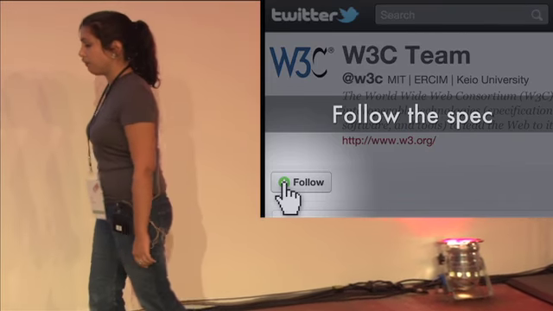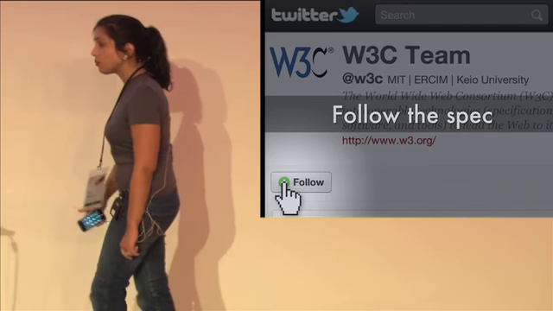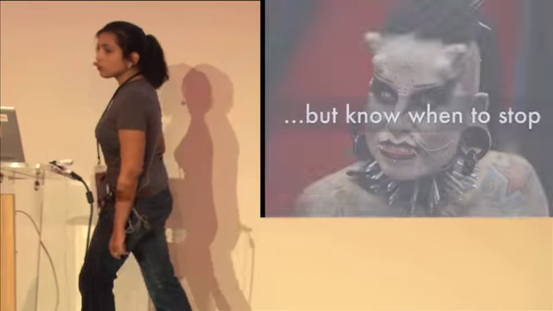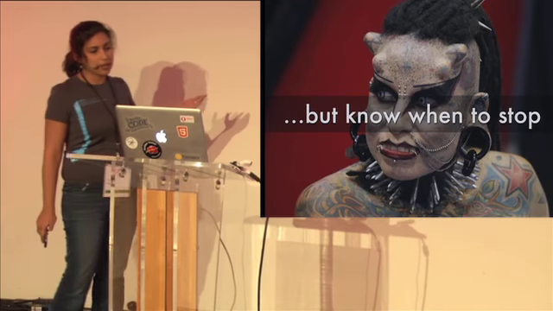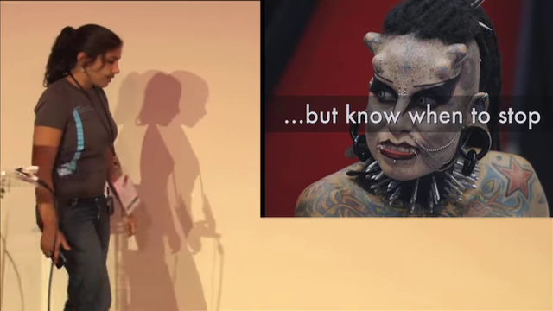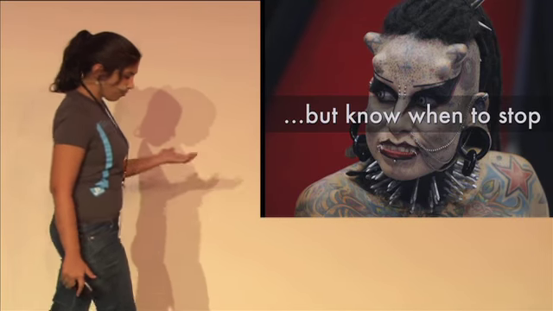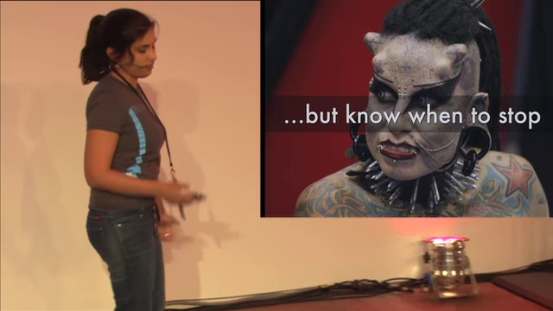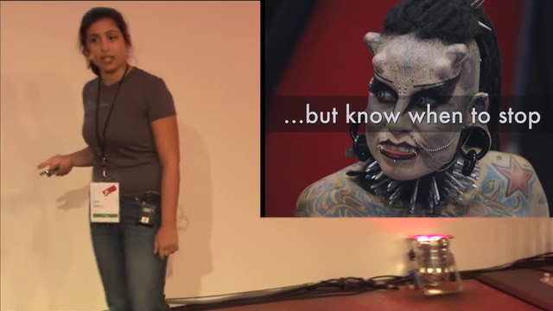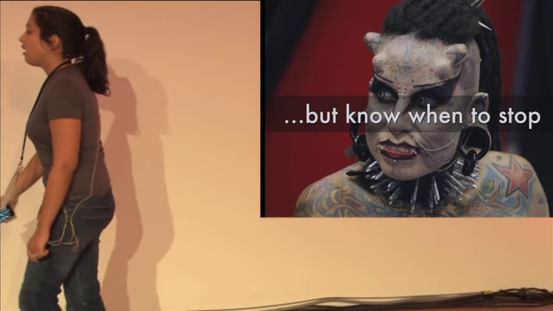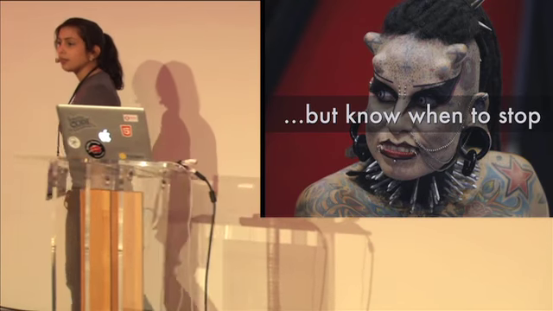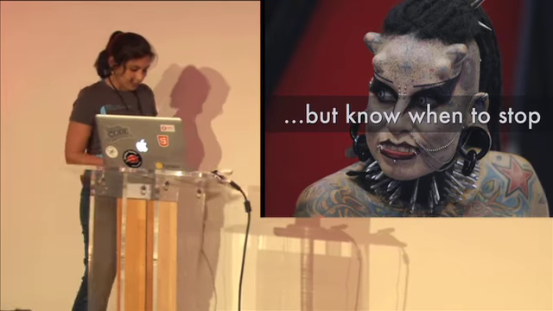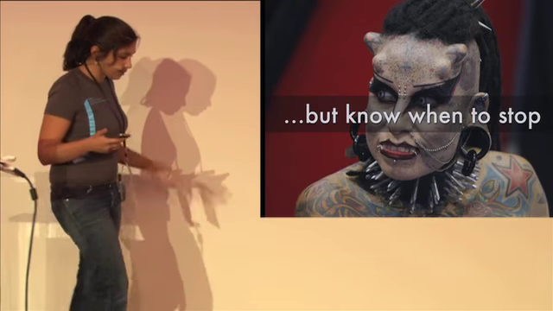However, as much as it's important to follow the spec, you should also know when to stop, because you don't want your polyfill to end up like this fine lady. You don't want your polyfill to be cluttered. For example, I fell into this trap. When I created a polyfill for the HTML5 progress element, I wanted it to be as correct as possible.